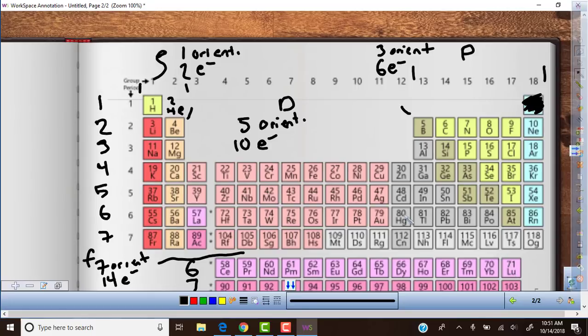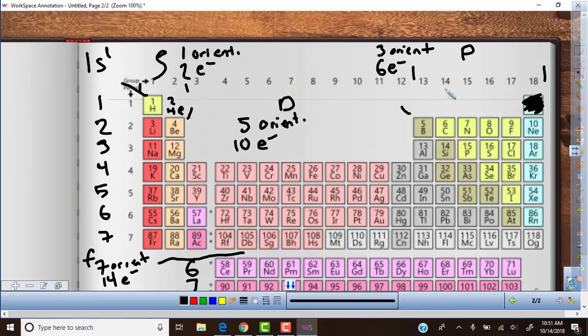So when we identify which orbital or which sublevel they're in, we use the energy level, we use the sublevel, and then we describe just how many electrons are in there. For example, with hydrogen, if we wanted to know hydrogen's electron configuration, we would say it is 1 for the energy level, s for the sublevel, and 1, because that's how many electrons are within that sublevel.